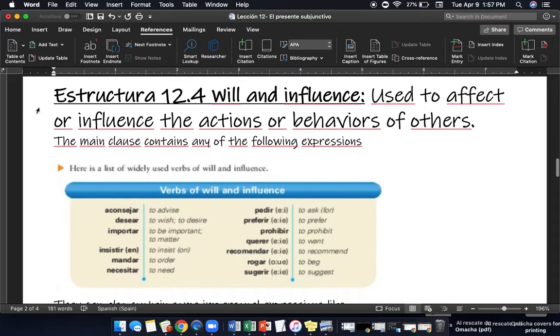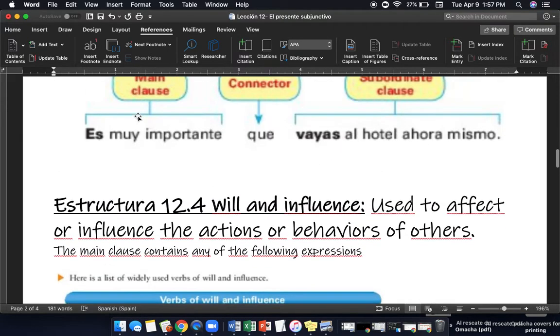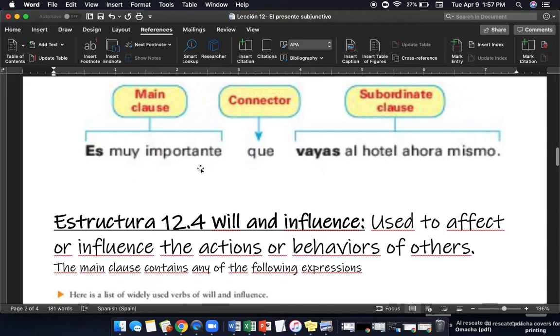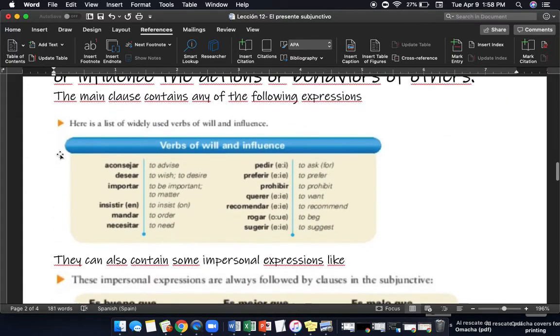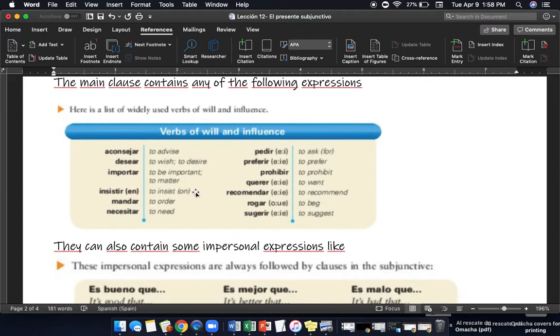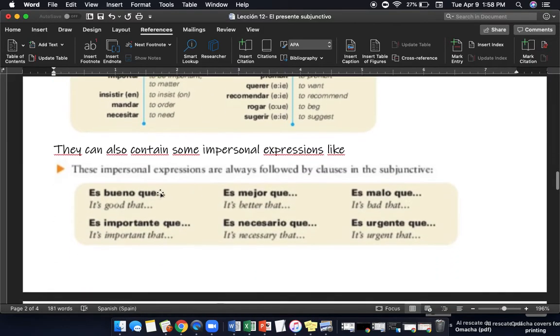So, the main clause, if we go back here, contains any of the will and influence expressions. They tell you that these are some verbs of will and influence, and that there could also be these impersonal expressions. Impersonal meaning that they don't specifically target a subject.